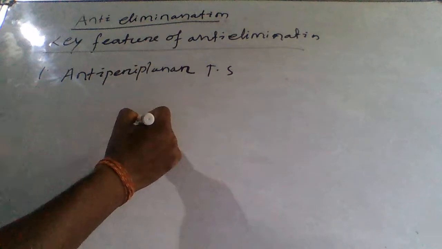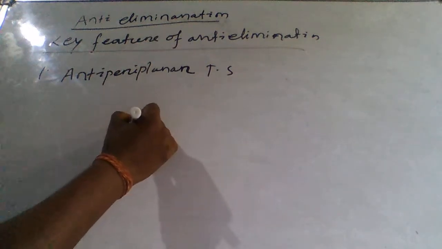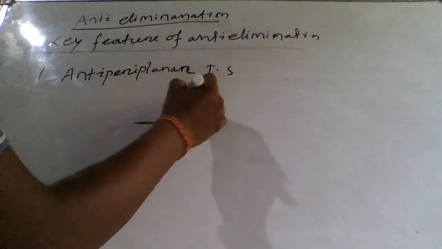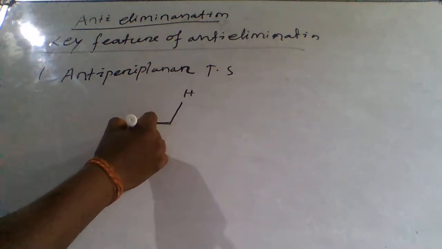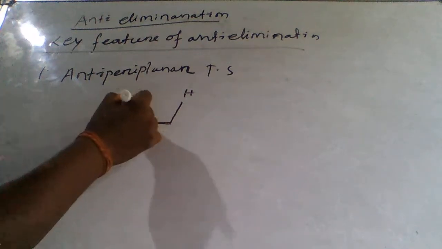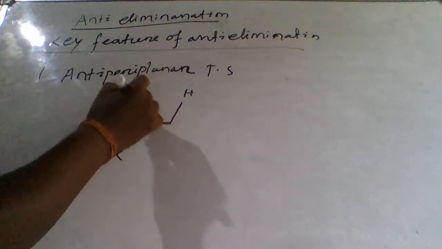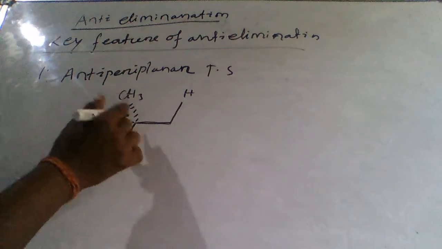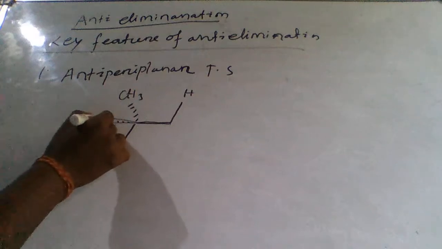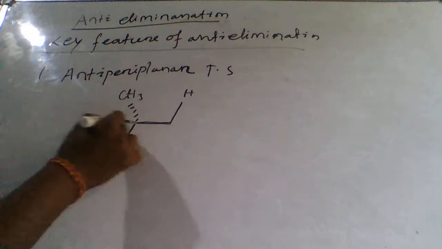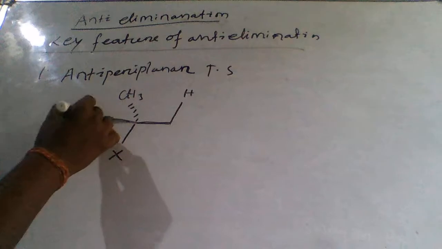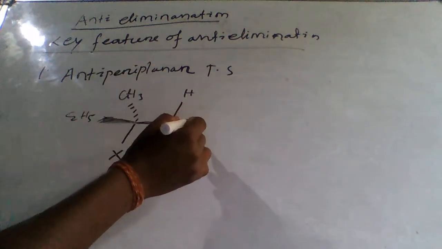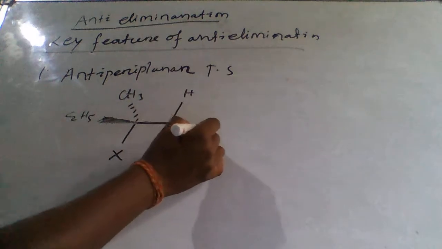This is the bond and this is the proton which will be abstracted, and this is the leaving group, which may be any group, this may be ethyl, anything, and this may be any group.